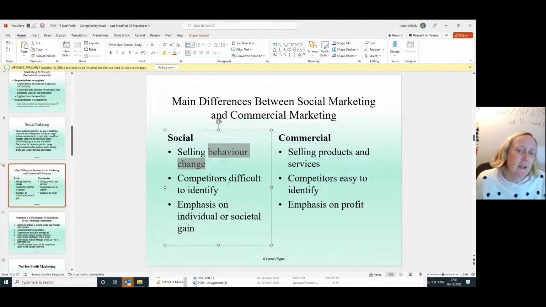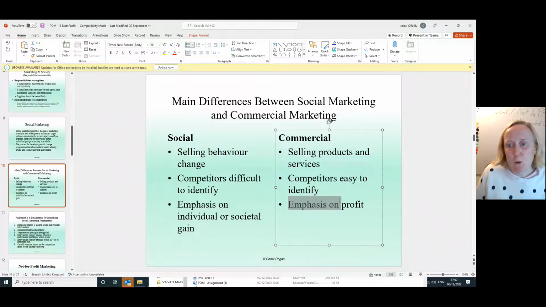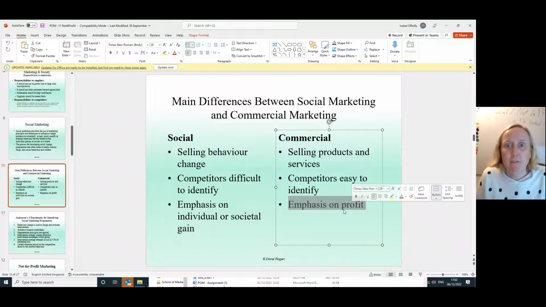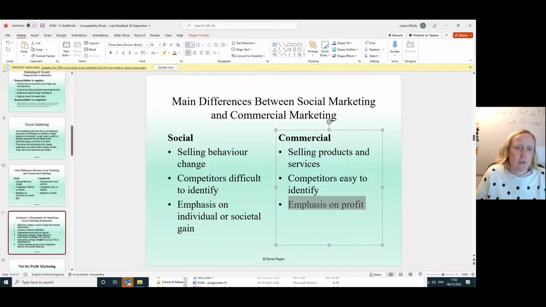But it's a little more nuanced, isn't it? And then finally, emphasis for social marketing is on individual or usually societal gain as a whole, whereas the emphasis is on profit. It's for the benefit of that business that you're working for usually.